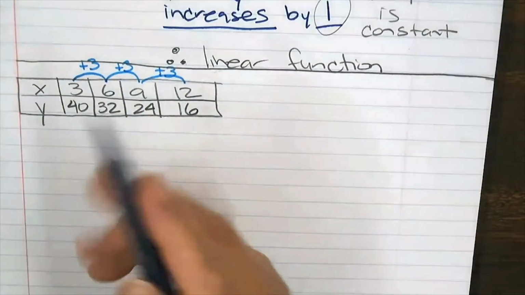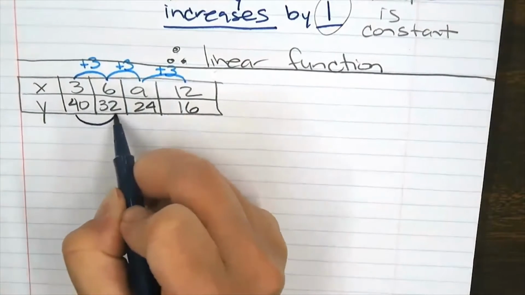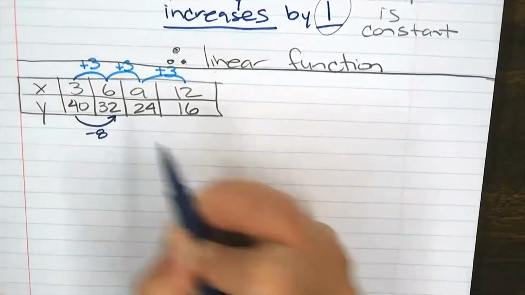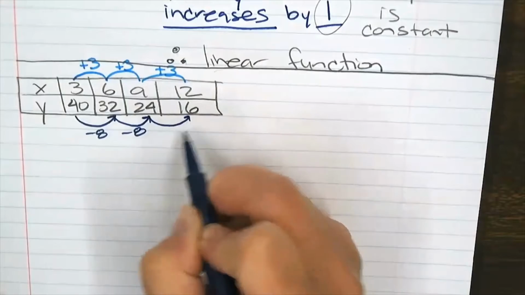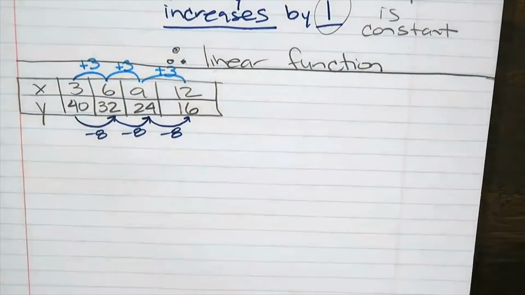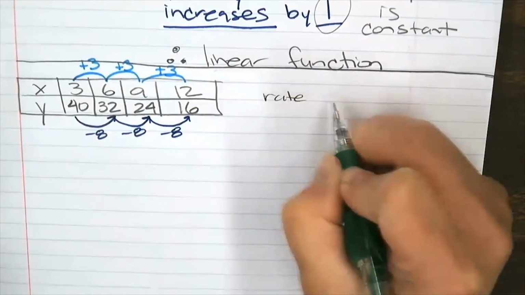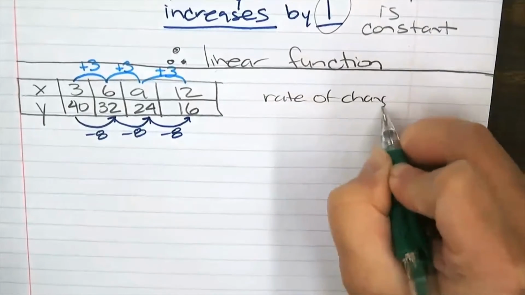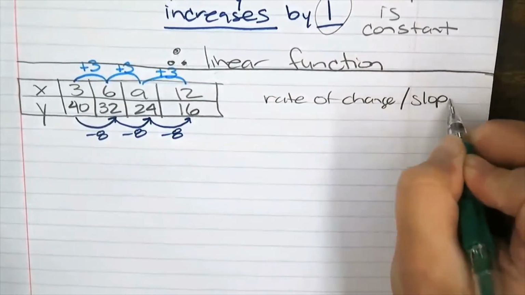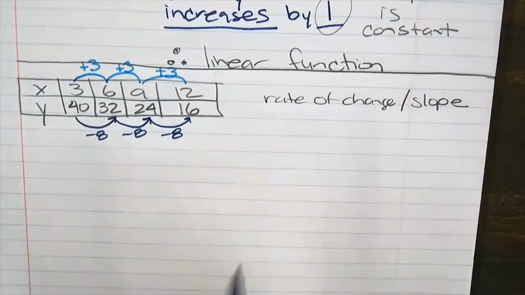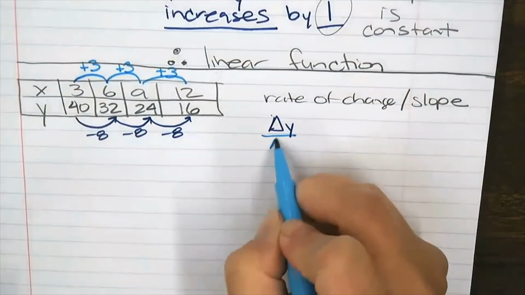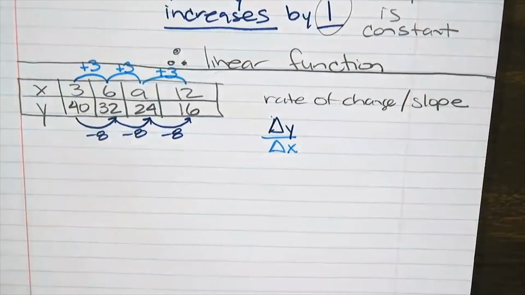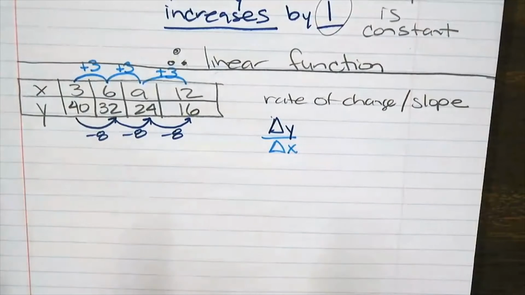So let's take a look at our y's. Minus 8, minus 8, minus 8. So our rate of change or our slope is the change in y over the change in x. And we have a constant change here.